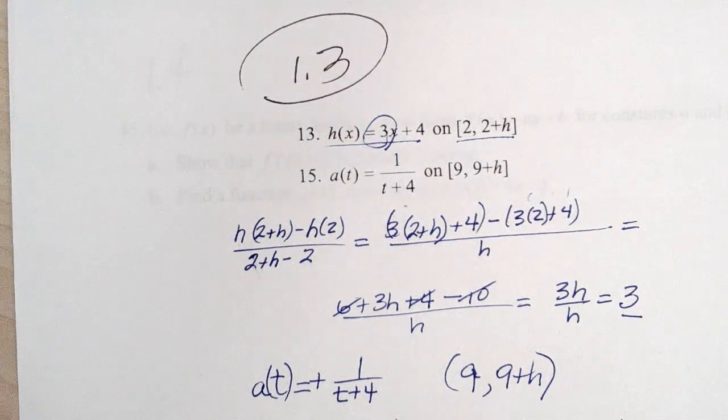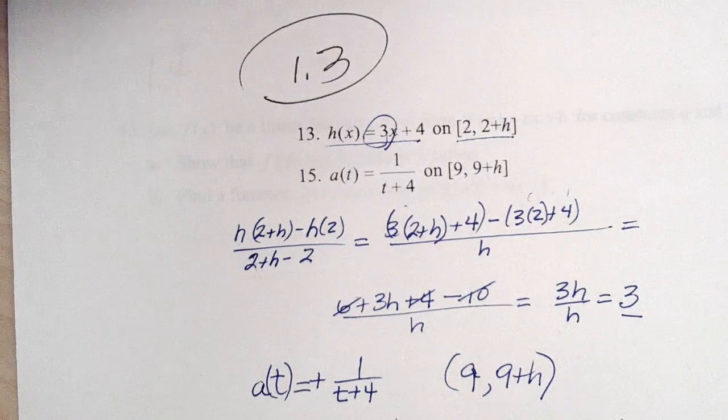Well, the 9 and 4 are like terms, so we can add those together. So we get 1 over h plus 13 minus 1 over 9 plus 4 is 13, divided by h.